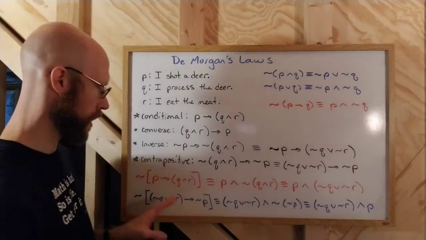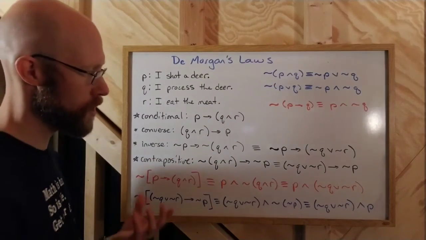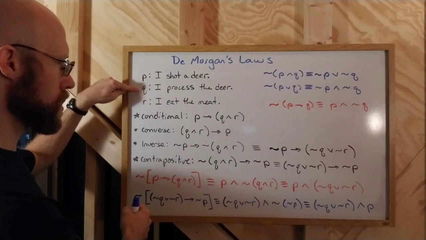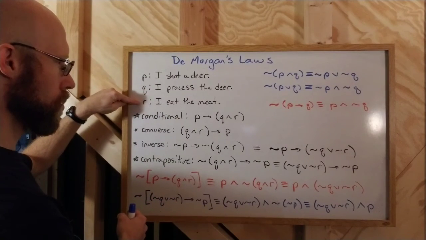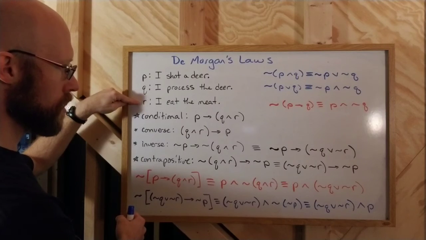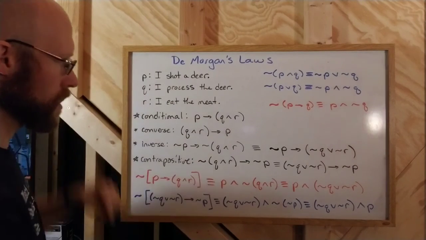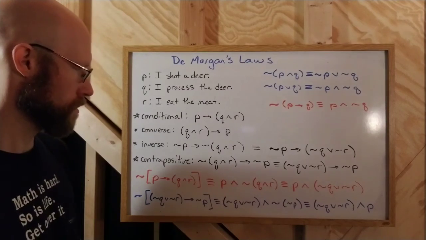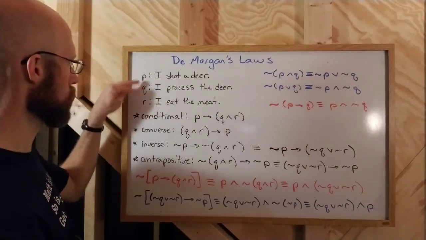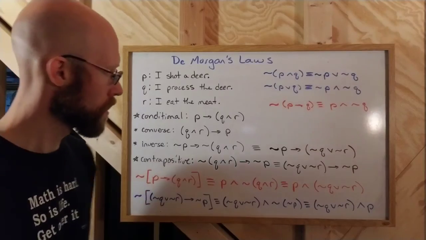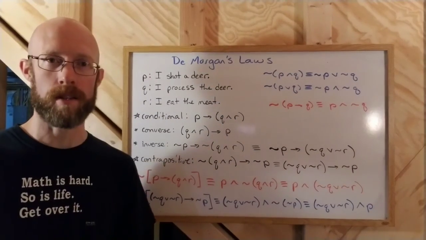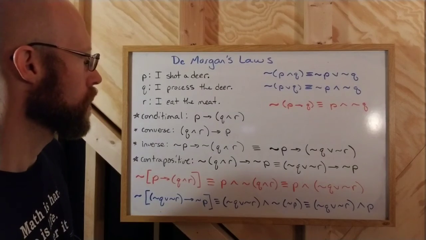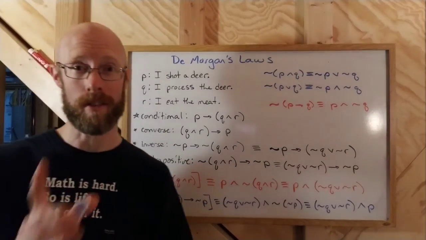So the negation of the contrapositive would be either I did not process the deer, or I did not eat the meat, and I shot a deer. If that makes sense. So it's one of these two along with that one. Okay. That is the negation of the contrapositive.